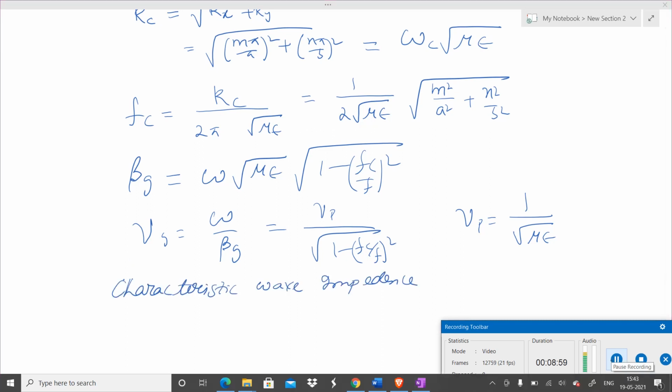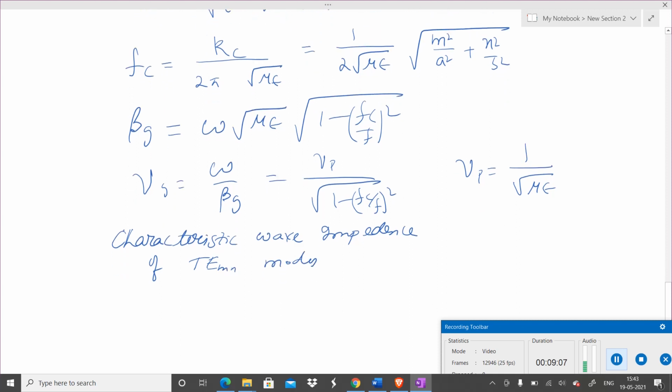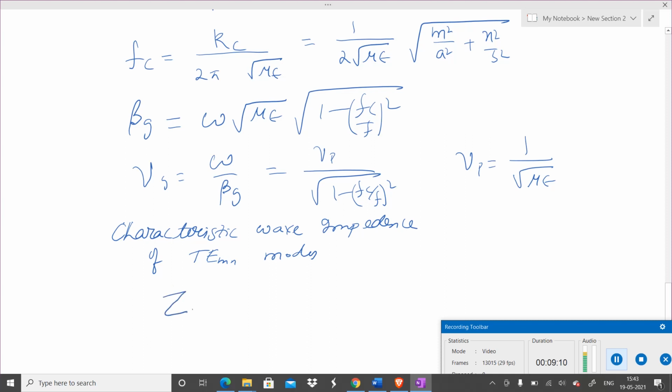Now we also define something called the characteristic wave impedance, as we have done before, of the TE-mn modes in the guide. Its notation is Zg, and it is defined as the electric field component in the x direction divided by the magnetic field component in the y direction, also defined as minus Ey over Hx.